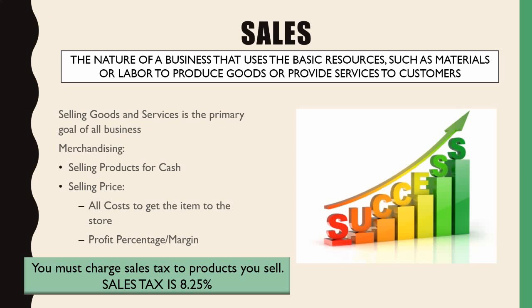So let's talk about sales once again, right? Sales is the nature of the business, where we take our natural resources and provide a product to our consumers, right? That's the whole goal of the nature of a business, is to make a profit, right? We talked about this in chapter 1. Now, how do we make a profit?